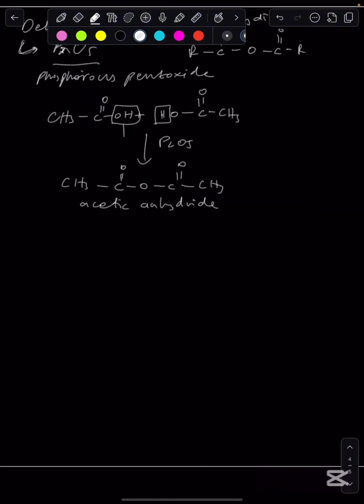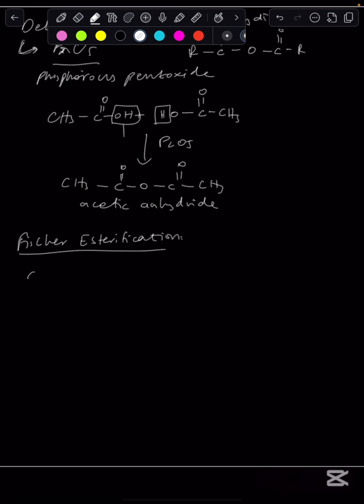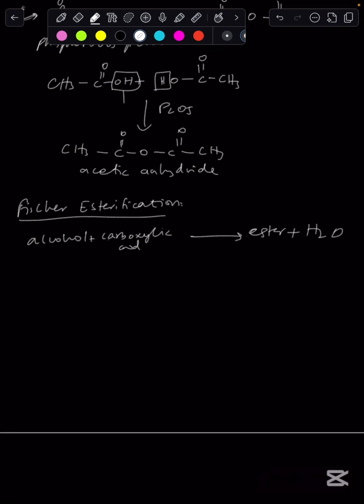So now we may see the Fischer esterification. In Fischer esterification, alcohol and carboxylic acid react to form the corresponding ester with the removal of water. For example, an alkyl ester is alkyl alkanoate. So we have ethanol over here, and then we may take butanoic acid.